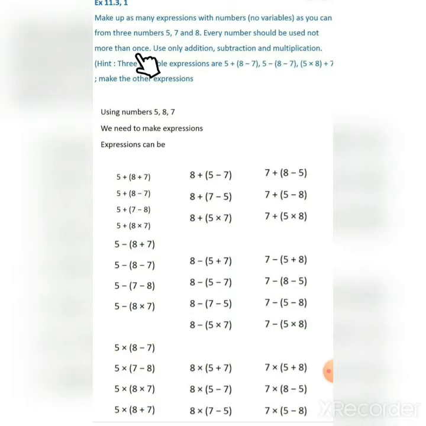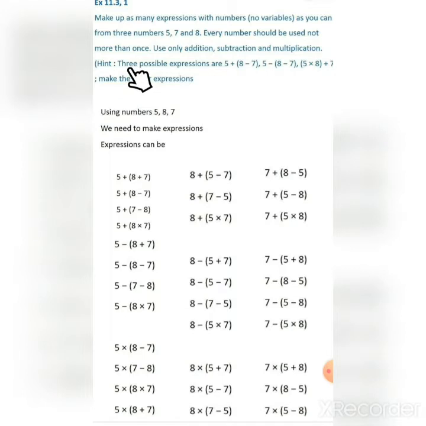Means in the expression you have to use these 3 numbers single time only, it should not be repeating. Use only addition, subtraction and multiplication operations. Which operation we are not using here? Division. So you don't have to use here division, only addition, subtraction and multiplication.